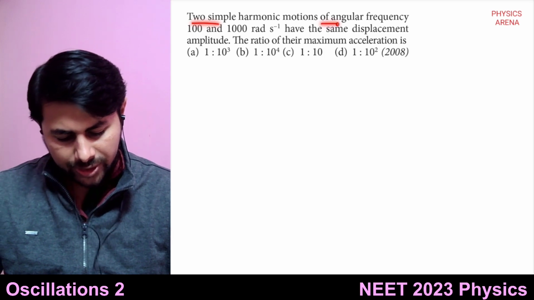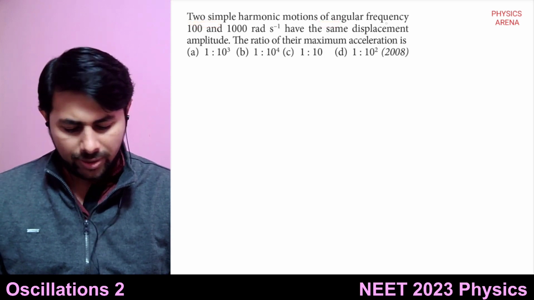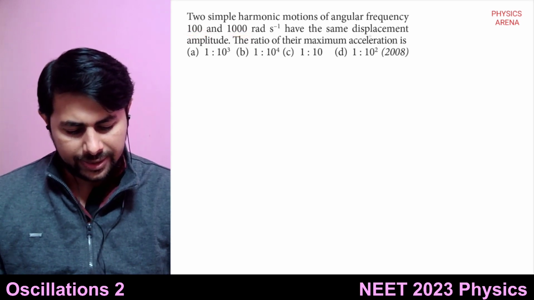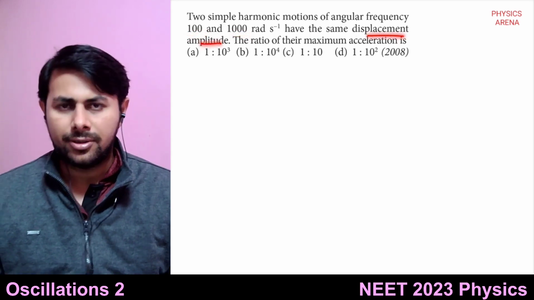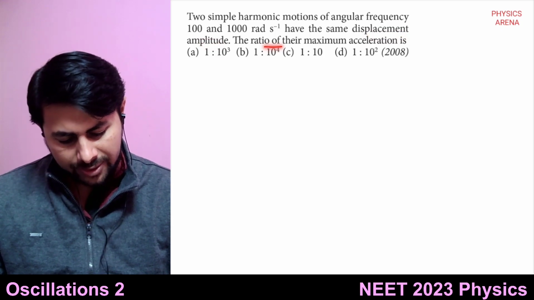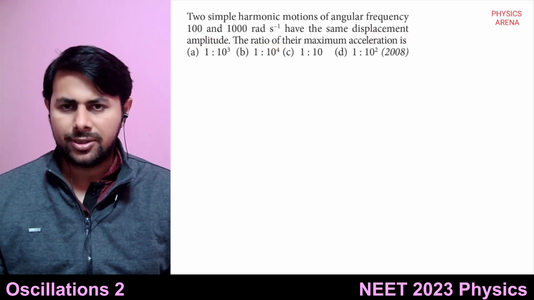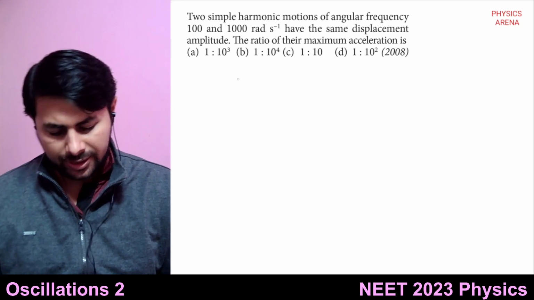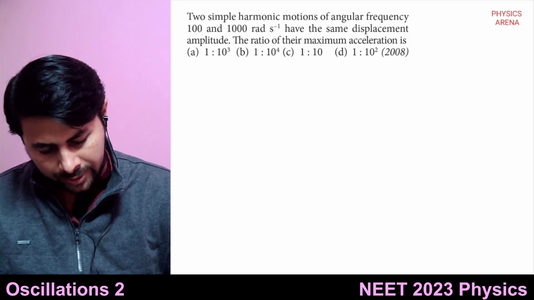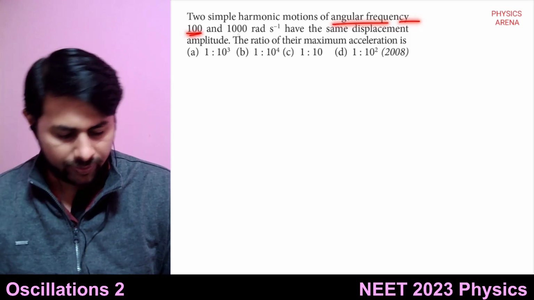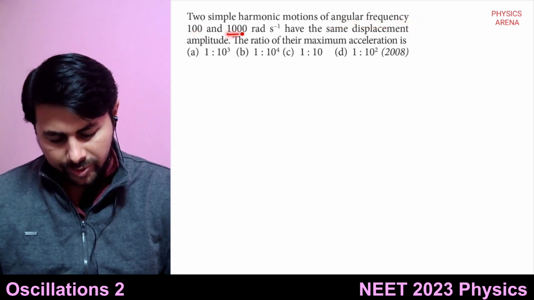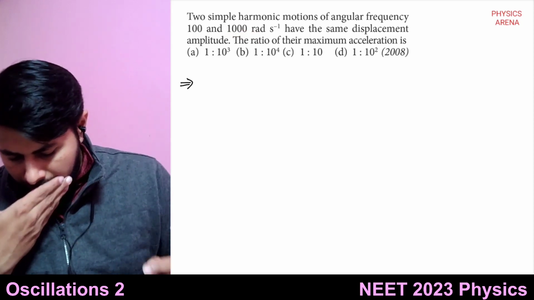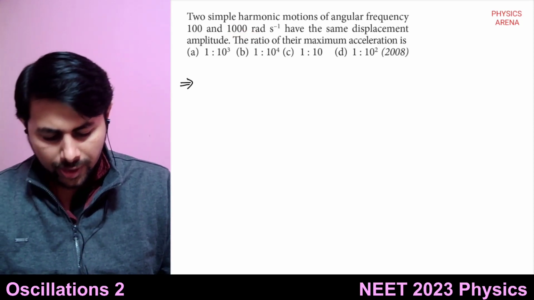Two simple harmonic motions of angular frequency 100 and 1000 radians per second have the same displacement amplitude. The ratio of their maximum acceleration is. So this is very simple. Amplitude is same, but the angular frequency for first one is 100, for second one it's 1000. So what's the answer?